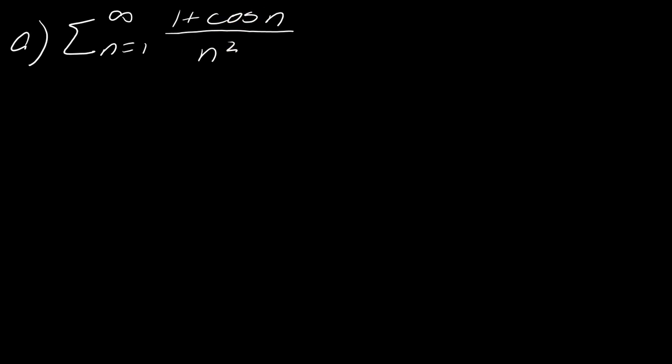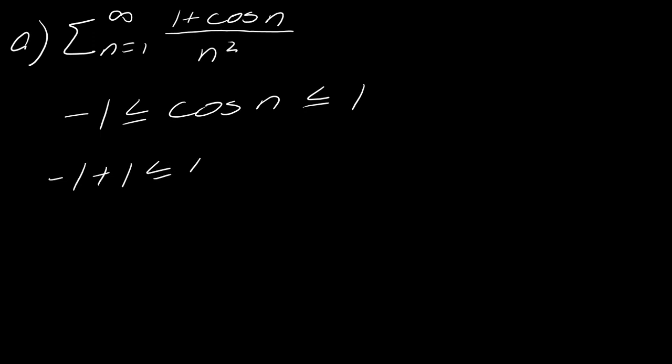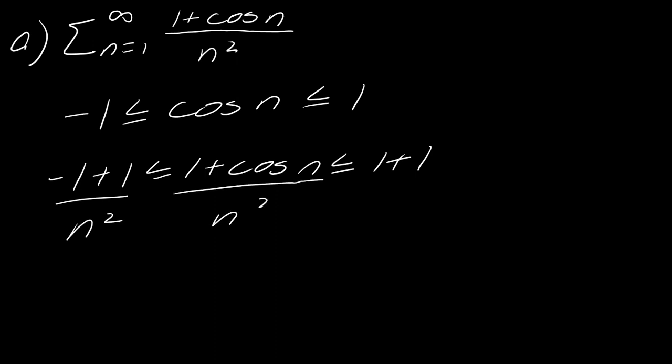So what do we want to compare this to? Well, if you think about it, cosine n is always going to be a function between 1 and -1. And then if I add 1 to those, so -1 plus 1, and then 1 plus cosine n, and then 1 plus 1, and I divide all of these by n squared.